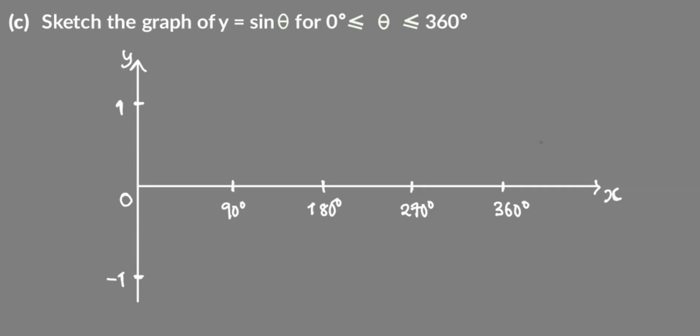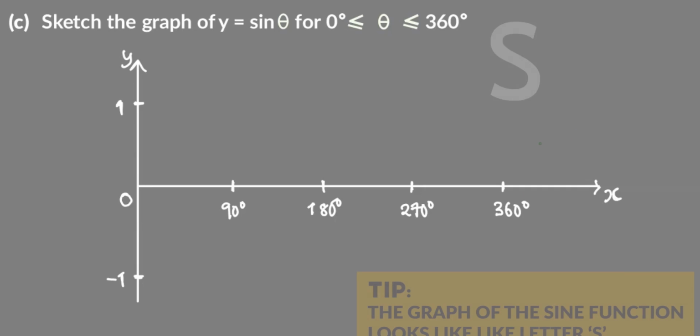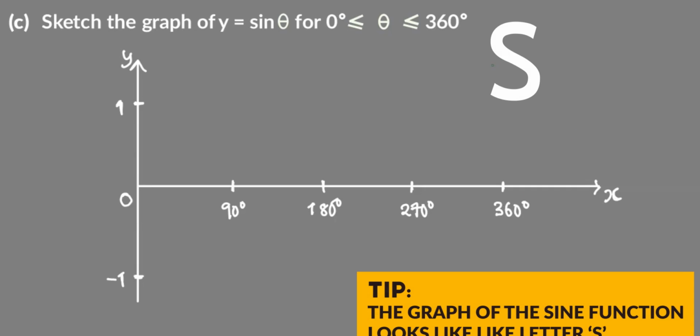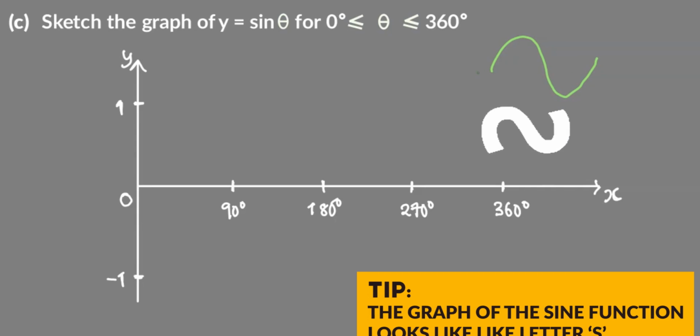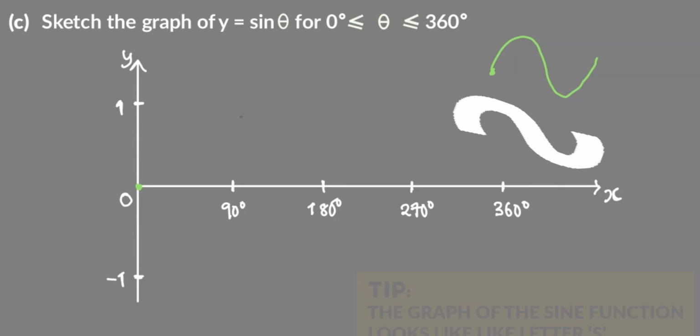Now remember, our shape for the sine graph looks like this. This point here is 0, 0. So it's going to be this point here. This point is 90 degrees, 1. So it's going to be there. And we just keep following these points until they look like this graph here.